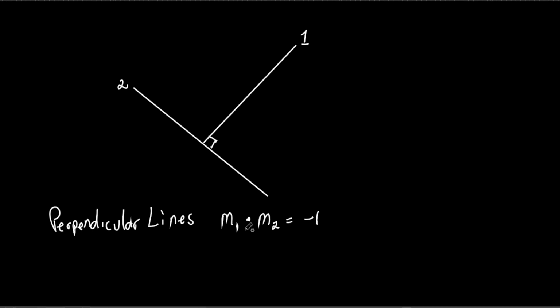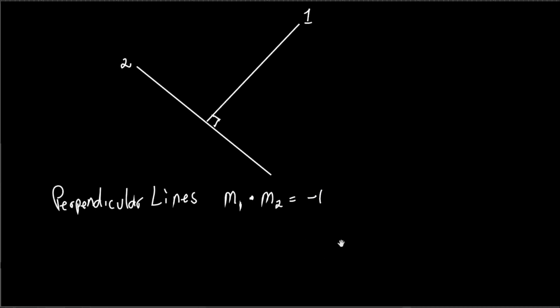All right? So that's something you may not have even considered. Another way to say this, and I'll probably use this phrase a lot, is that the slopes of perpendicular lines are negative reciprocals.